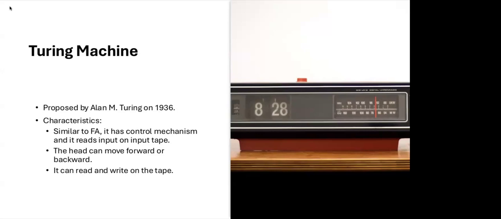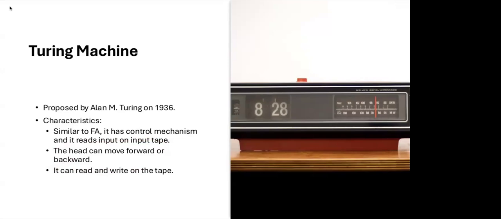So Turing machine is basically similar to finite automata. It has a control mechanism and it reads input on an input tape. But what is different from FA and also PDA is that the head can now move forward and also backward.